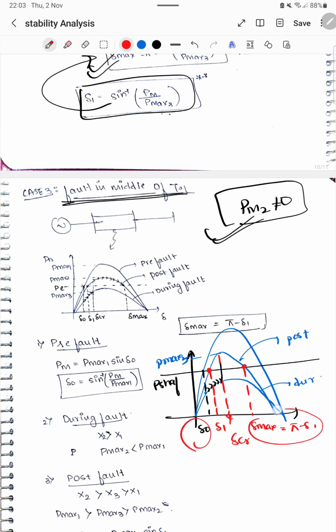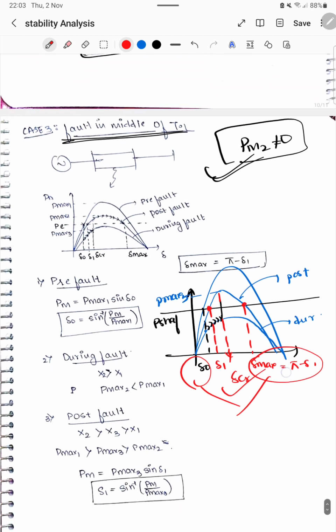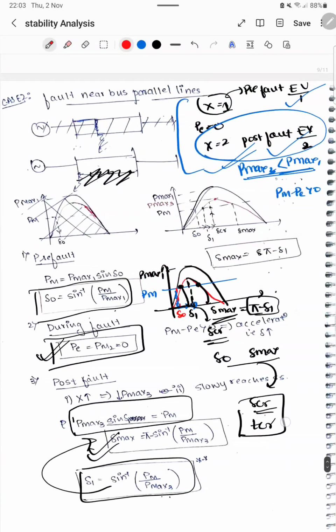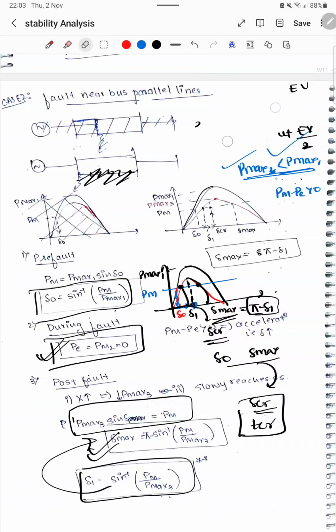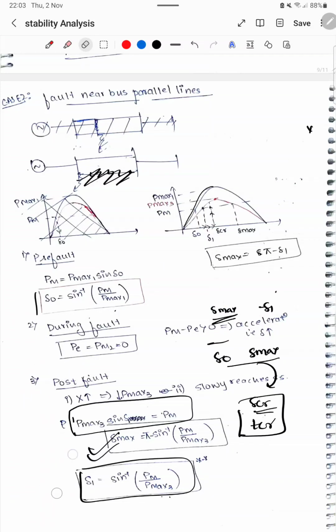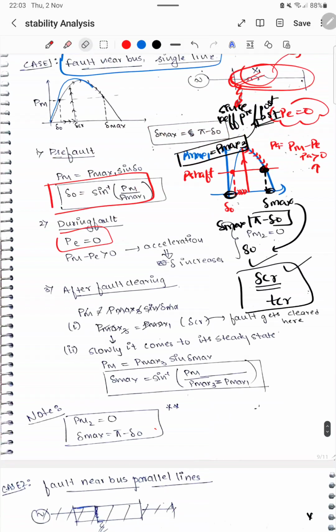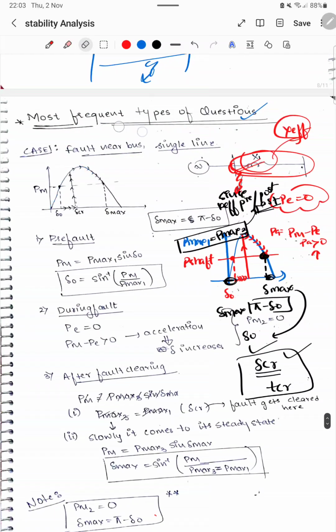So again, del naught and del max you have. Del CR can be found out. tCR can be found out. And in this way, you can go through these 3 cases. I'll clear them. You can go through them thoroughly, and you can try solving these 3 cases one more time in your rough book, or try recalling them.